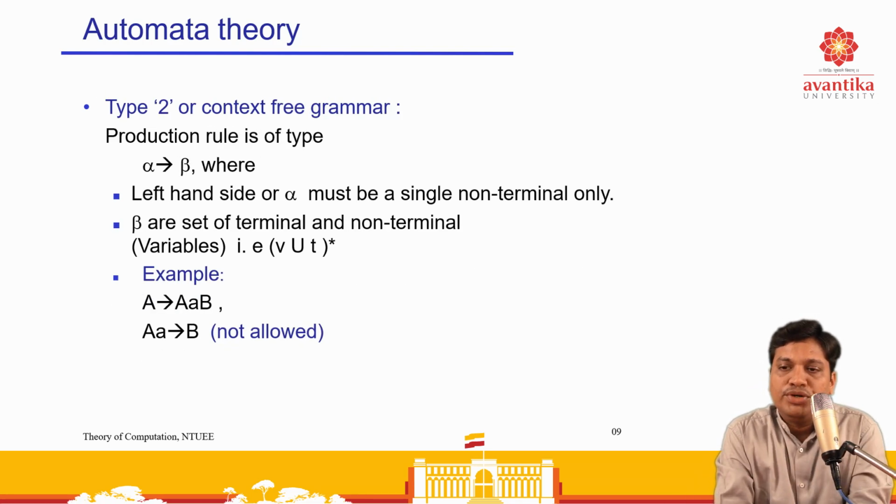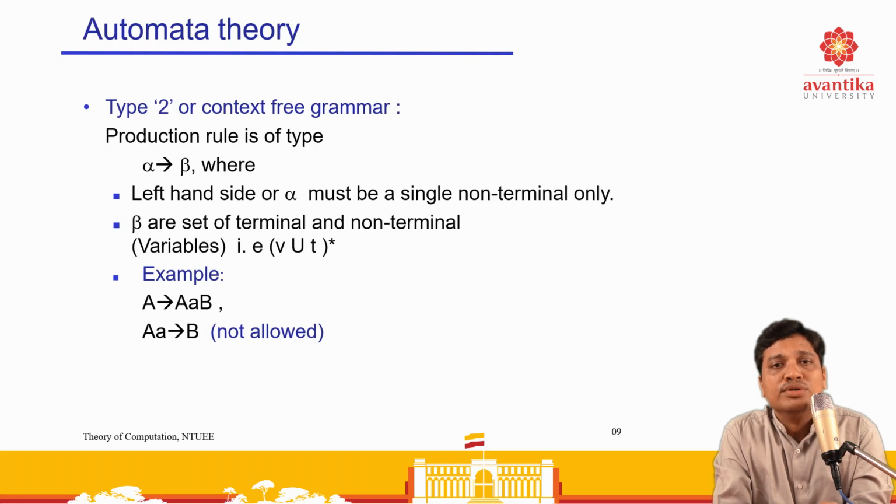The third production rule, according to Chomsky, is type 2 or context-free grammar. Context-free grammar is also used in compiler design. Basically, compiler design is divided into 6 phases. Phase number 1 is lexical analysis, and phase number 2 is syntax analysis.